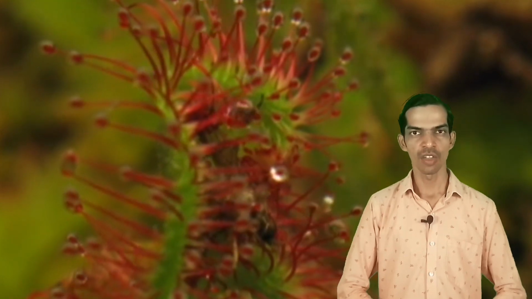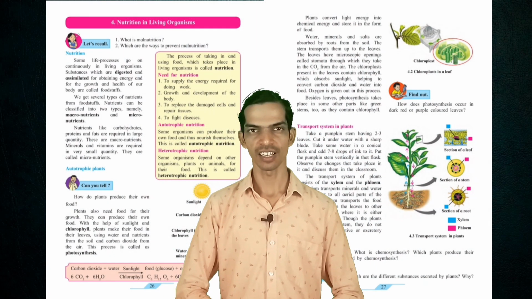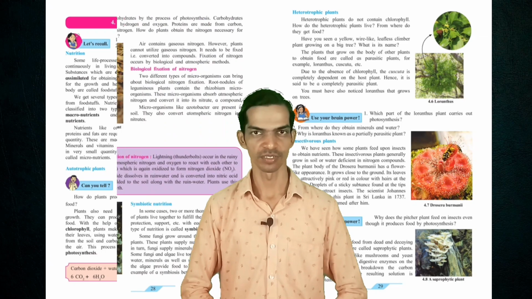Plants that grow in soil which is deficient in nitrogen, like Drosera, that is sundew, Venus flytrap, pitcher plant, etc., fulfill their need for nitrogen by consuming insects. Adaptations are seen in these plants which serve to attract insects and hold them captive. We are going to learn this in detail in our 4th chapter.